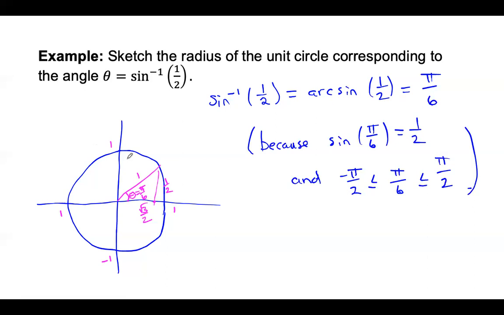But we only want where it's between negative pi divided by 2 and pi divided by 2, like this part. So this is specifically our angle, because we could keep adding plus 2 pi, plus 2 pi to this. But the inverse is only defined in this domain.